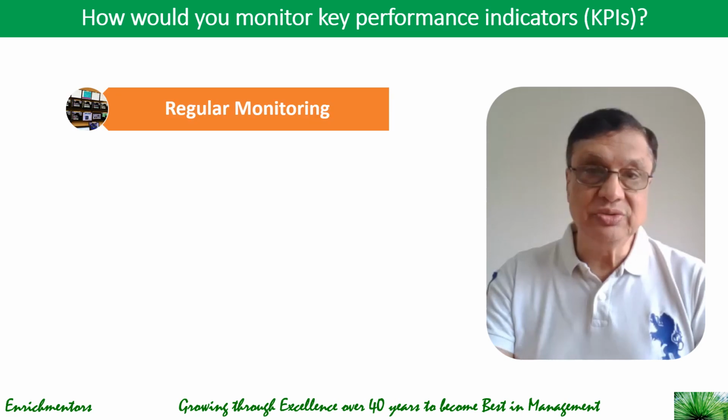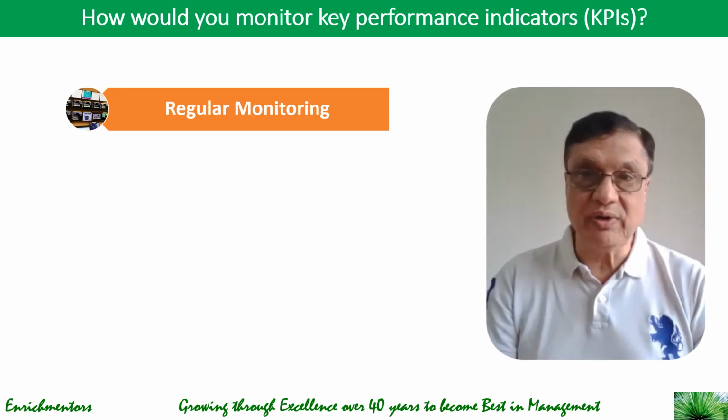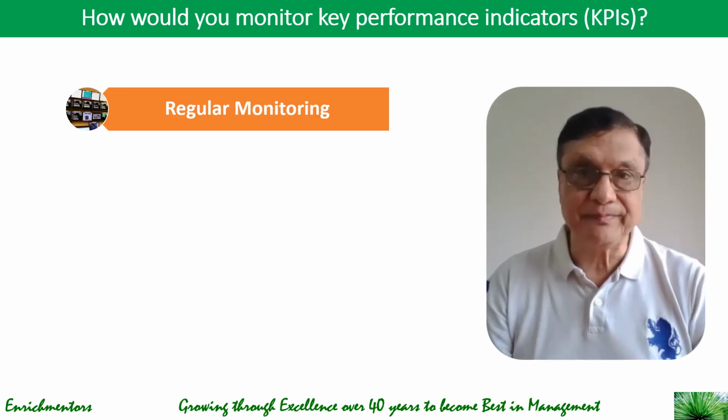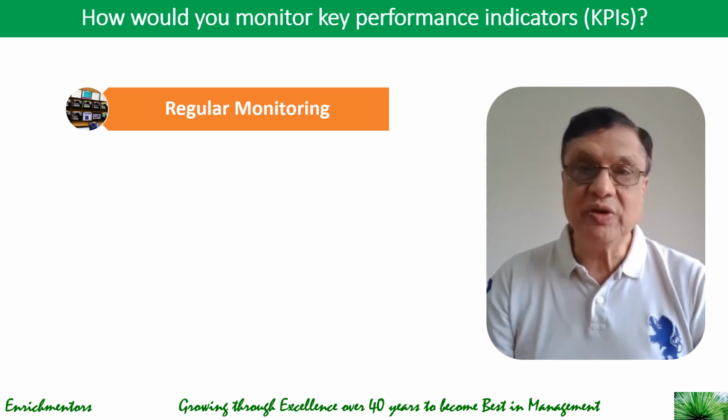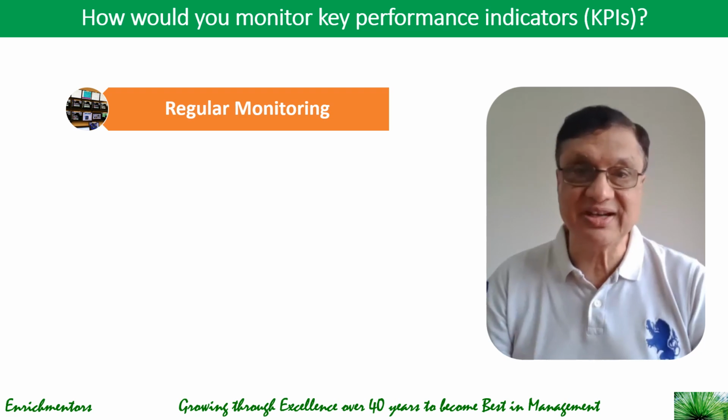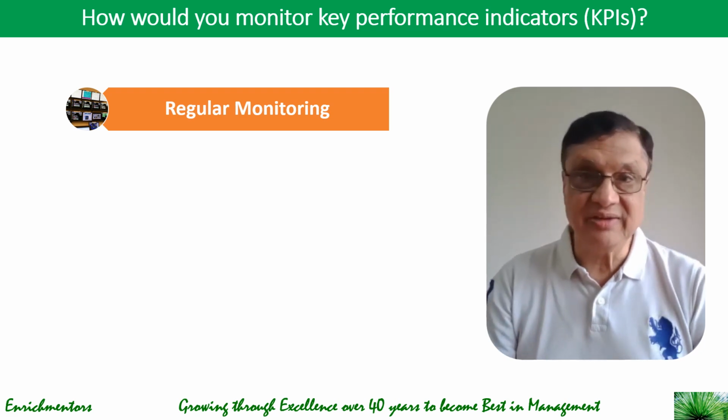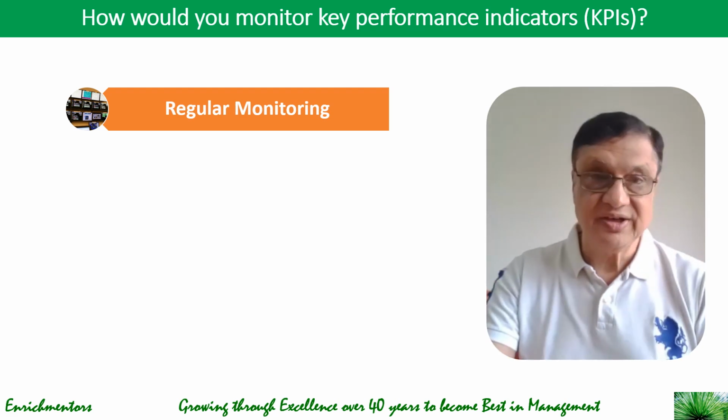Then what you need to do is to set up schedules for regular KPI monitoring, right? This could range from daily, weekly, monthly, or quarterly, depending on the nature of the product and the KPI. Now, automated alerts can notify you of any significant changes in the relevant KPIs.